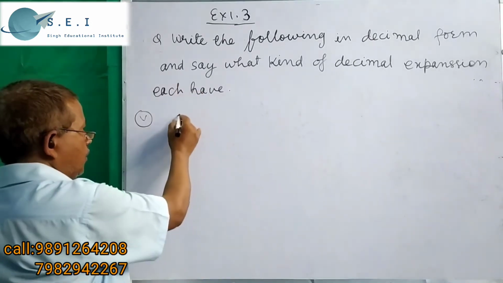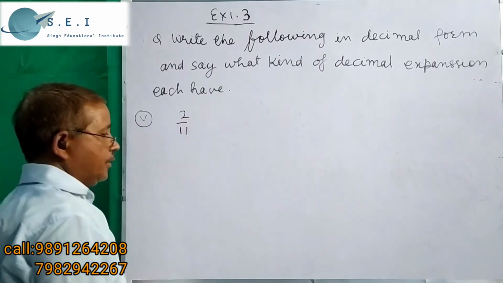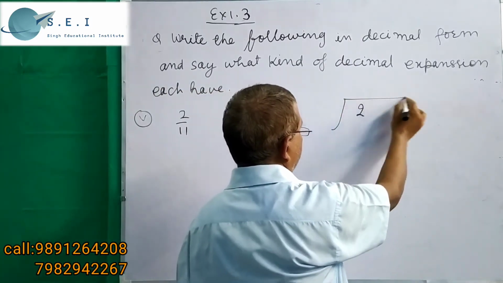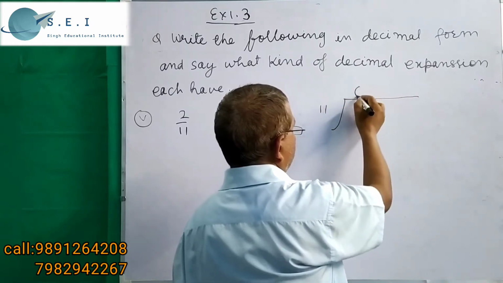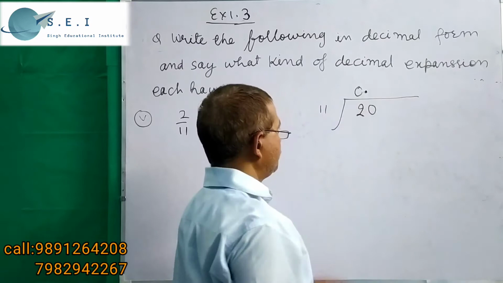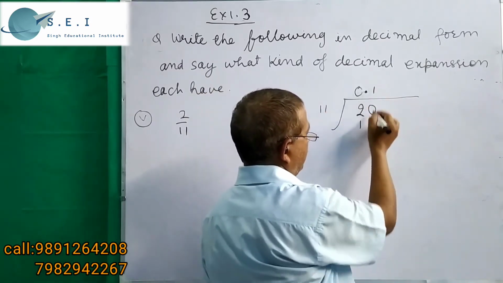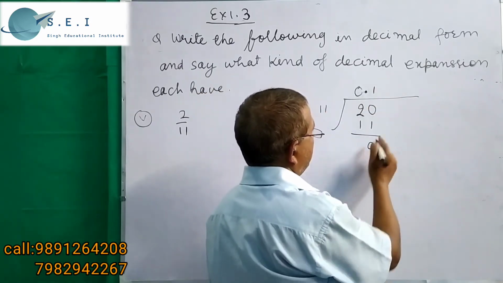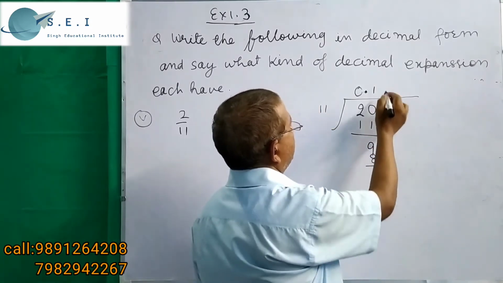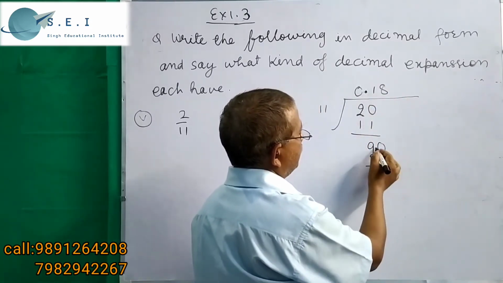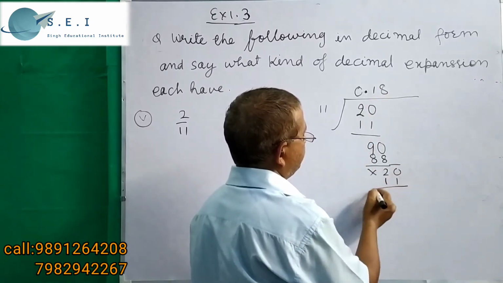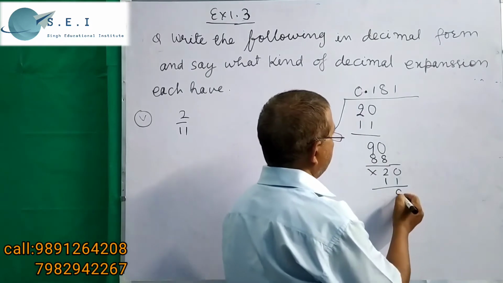The fifth part is 2 by 11. So divide 2 by 11. Put the decimal here to get 0 here. 11 1s are 11. Subtract it, 9. Put 0. This becomes 90. 11 8s are 88. Subtract, 90 minus 88 is 2, and put 0. 11 1s are 11, and here is 9.